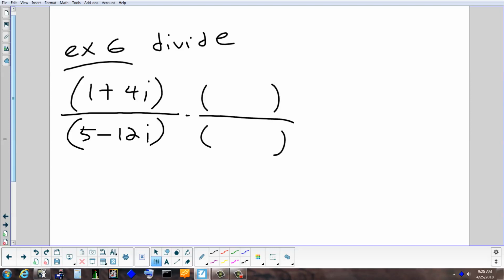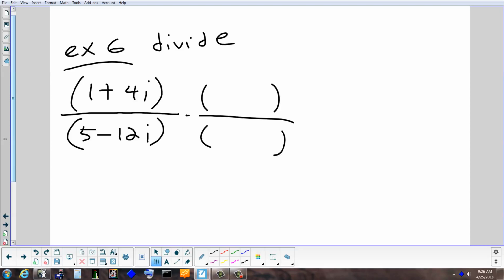Okay, so Nathan, what's the conjugate of the bottom? Well, it's got to be something plus or minus something with an i. How about Brianna? Can you just remind us how we get the conjugate for the bottom?